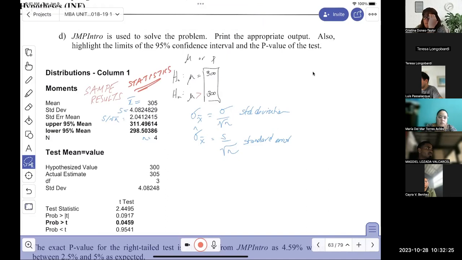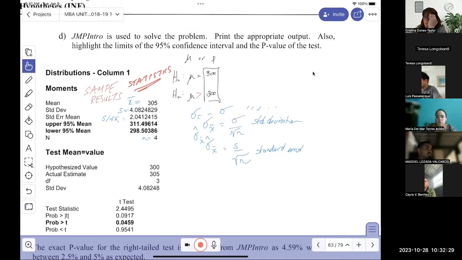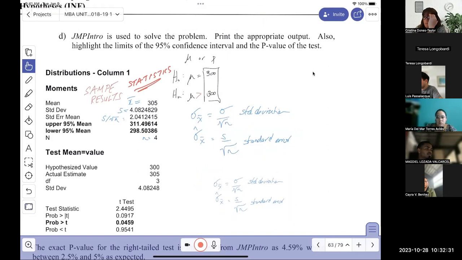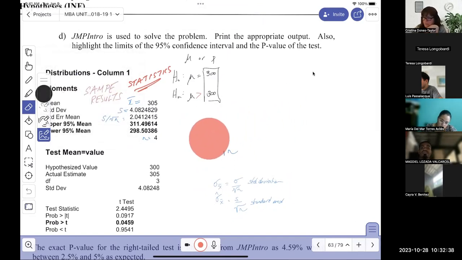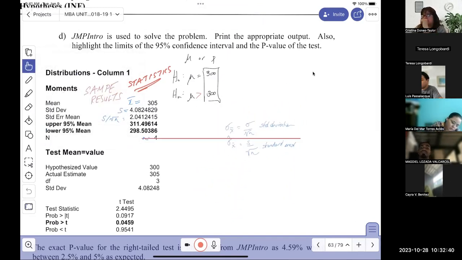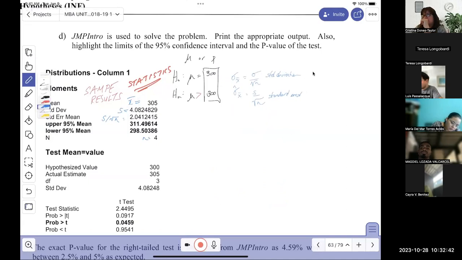Whenever I put a hat or sombrero on things, that means it's an estimate. It's not a population value. It's a statistic. Okay.